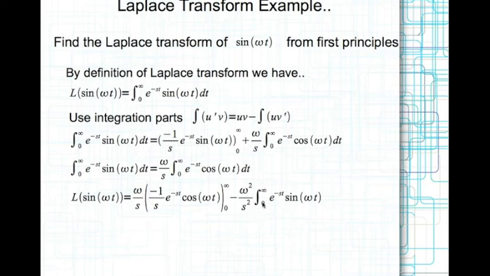Okay, now notice that this is again Laplace of sine omega t, and let's look at this expression here. Now if we put in the limits of integration, at t equal to infinity, this term becomes 0, so the whole thing drops off. At t equal to 0, this becomes 1, and this becomes 1 as well. So 1 divided by s minus 1 divided by s remains.